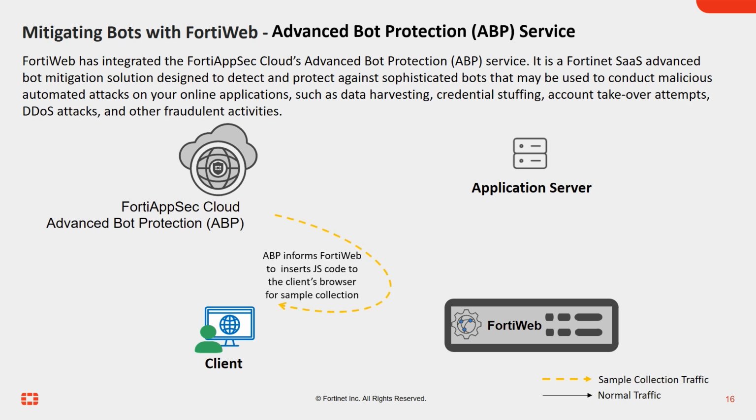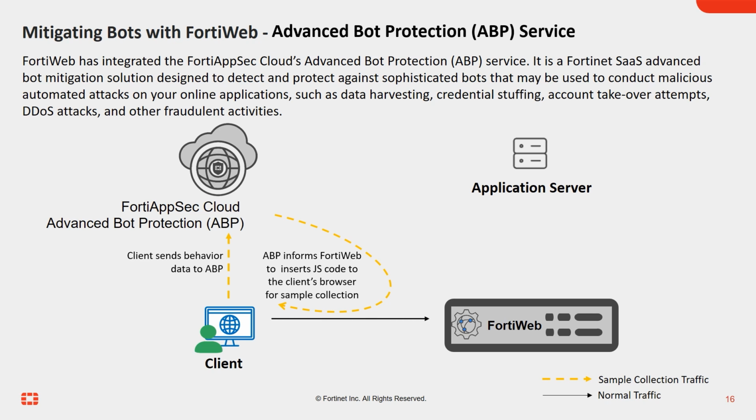The advanced bot protection service injects JavaScript into the client's browser via FortiWeb to monitor behavior and collect request samples. These samples are used to train a machine learning model that learns the typical, normal request patterns.